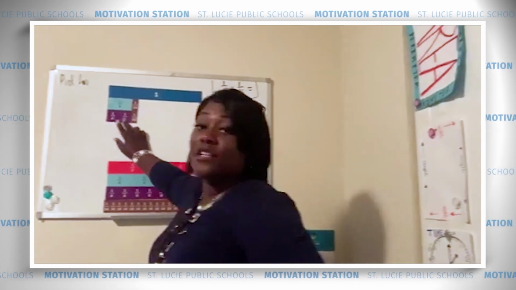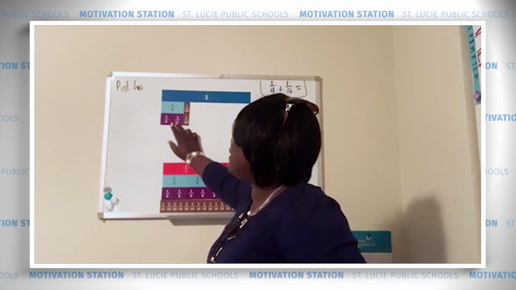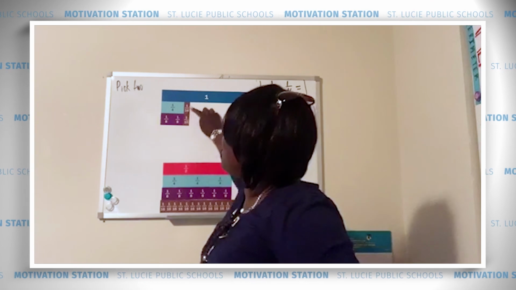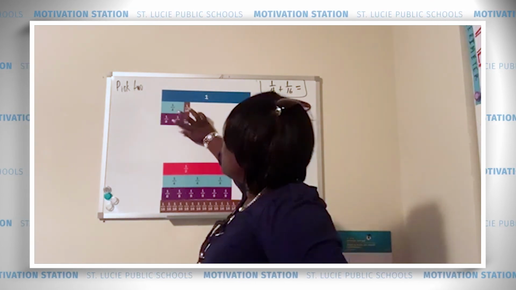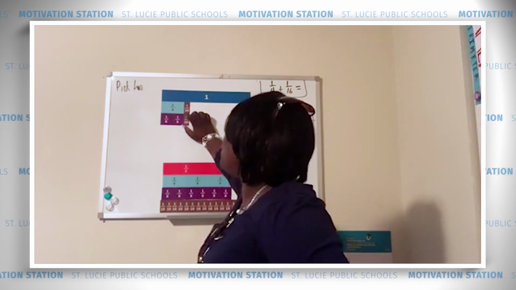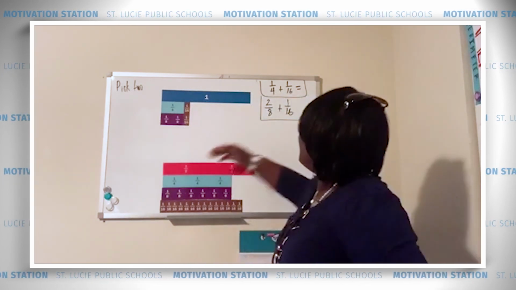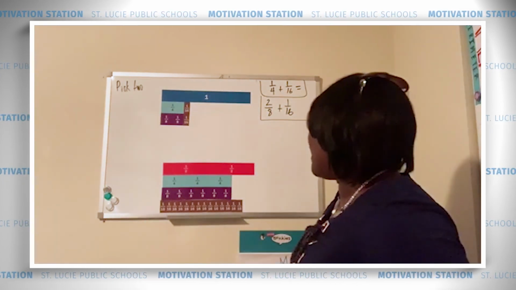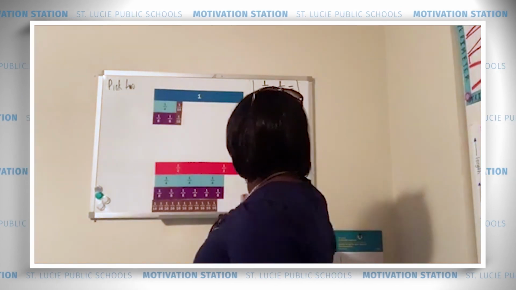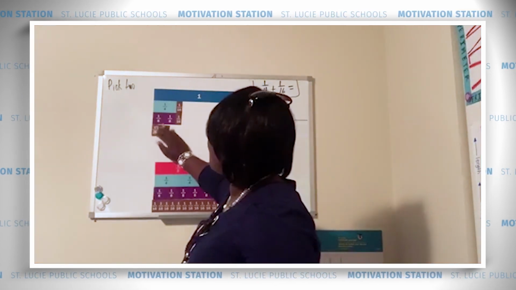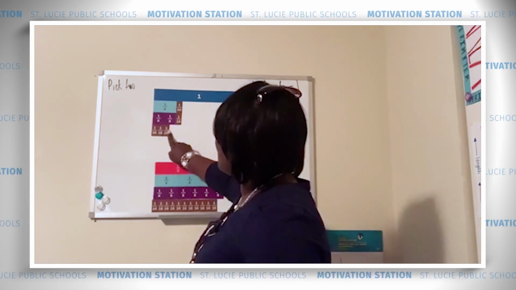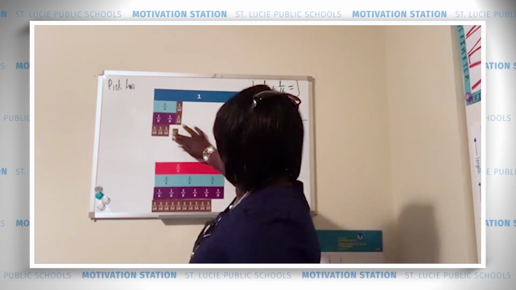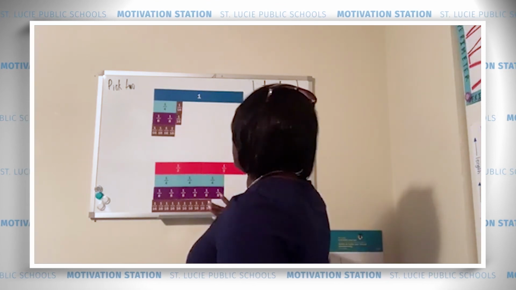Do you know which fraction the 2/8 are equivalent to in my first train? The 2/8 are equivalent to the 1/4. Right? Okay, so let's take a look at the 16ths. 1/16, 2/16, 3/16, 4/16.